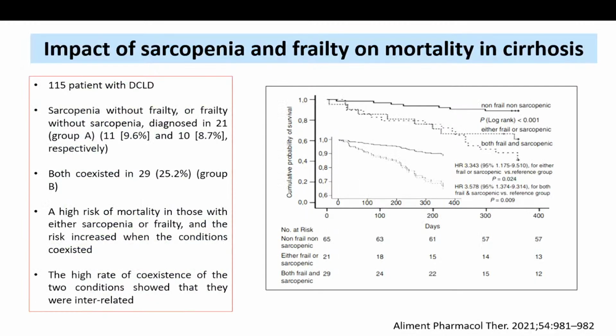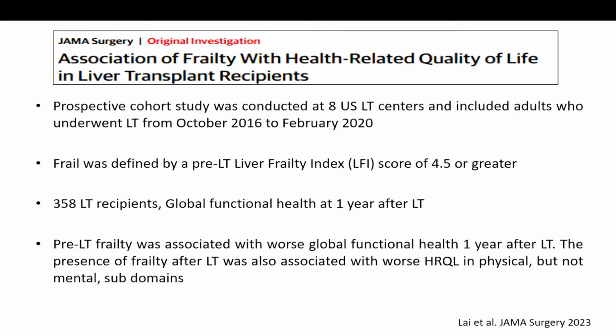This is again a similar sort of study. I'll skip this, but I will mention one which was published recently in JAMA Surgery, in 2023, from Jennifer Lai. She has worked extremely hard at the UCSF Center in the US, and she's very passionate about publishing on sarcopenia and its outcome on the waitlist and post-transplant.